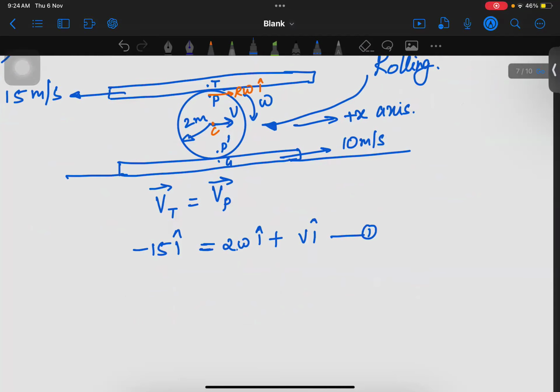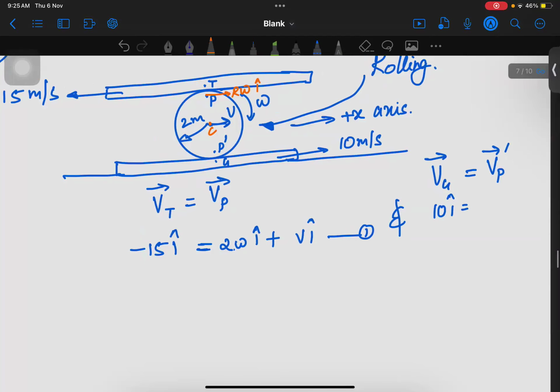So let's go to the bottom. And we will write that velocity of G must be equal to the velocity of P dash. For the G, the bottom point, the plank's velocity is 10 i cap. And at the bottom, the r omega is about the center.